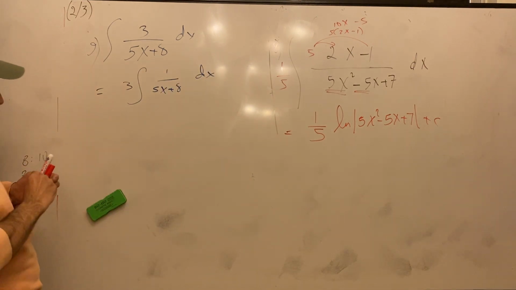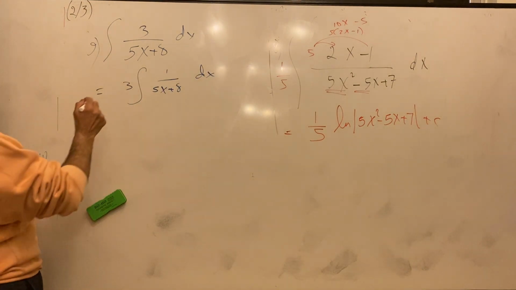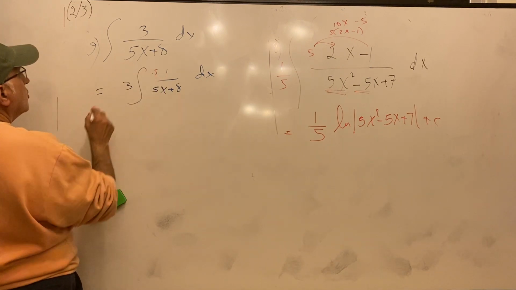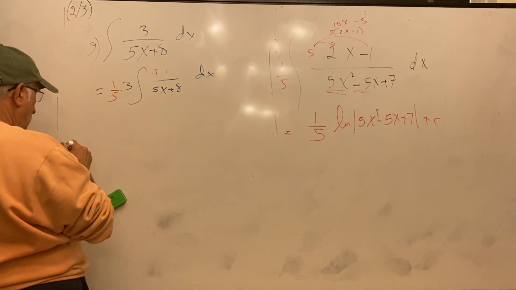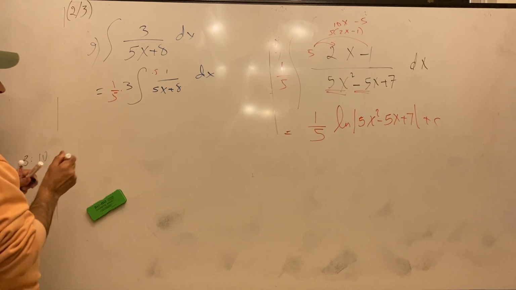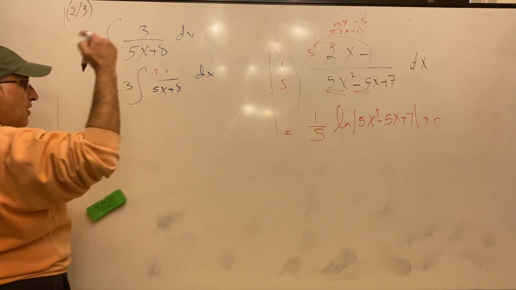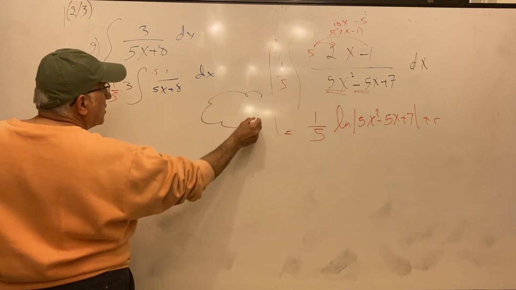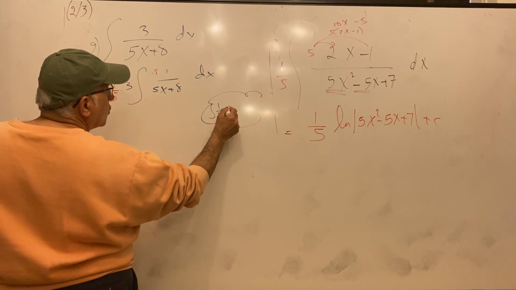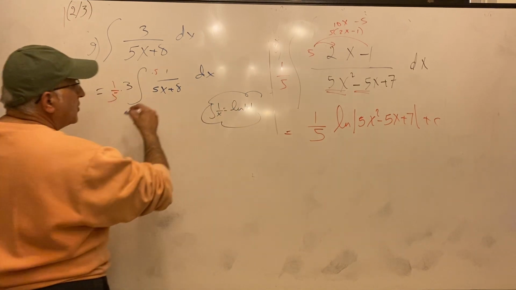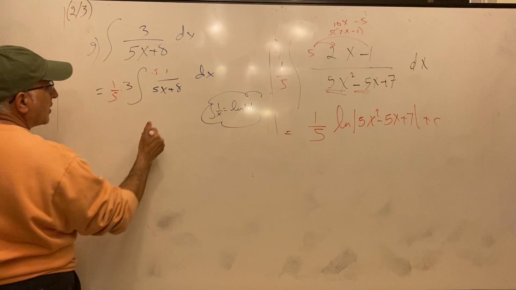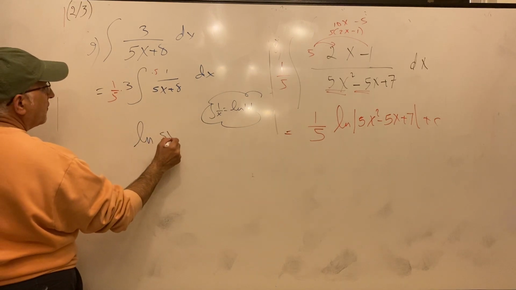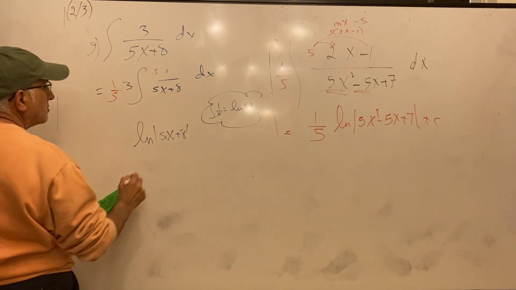What's the derivative of 5x plus 8? Well, it's 5. I don't see the 5, so multiply it out. So, the integration of 1 over x, remember at the beginning we said, what was the integration of 1 over x? We said ln x. This is the same one. And instead of x, 5x. So, it's ln 5x plus 8.